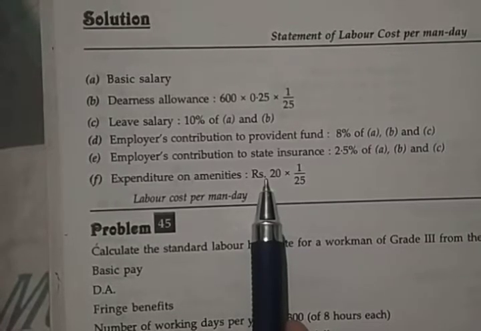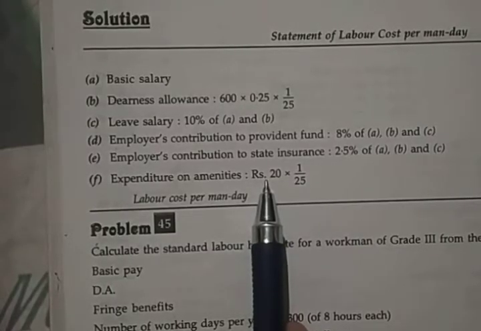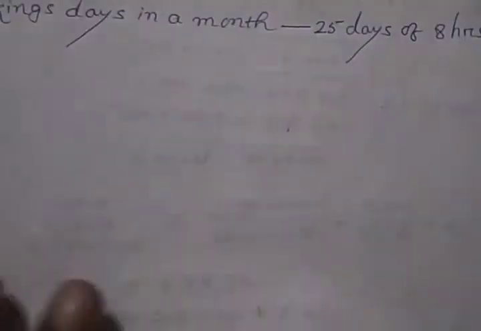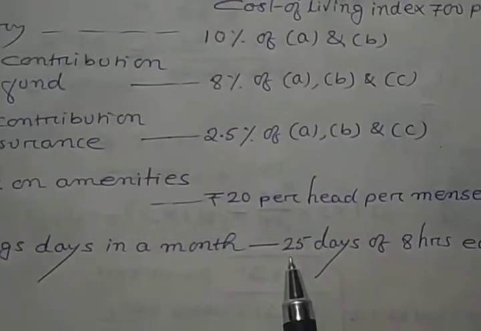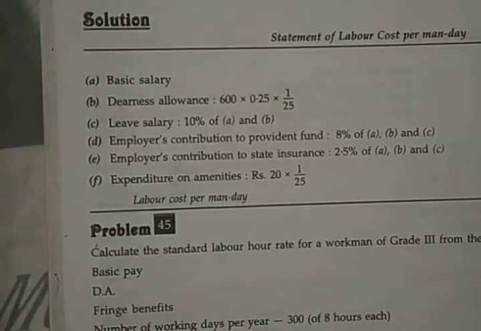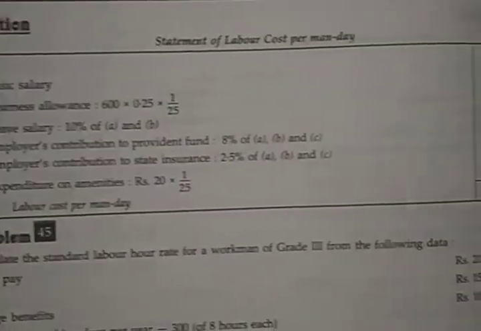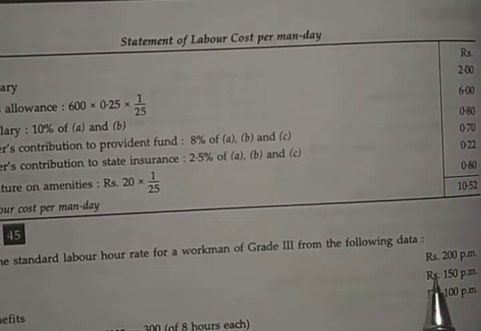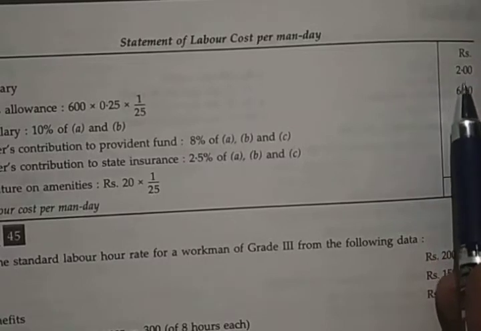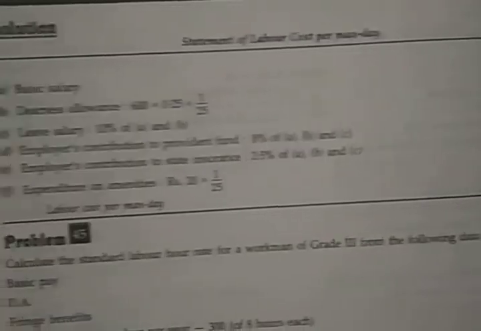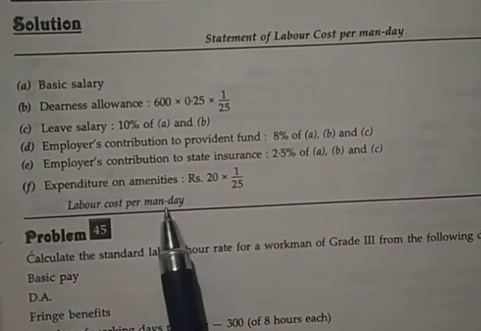Now you have to convert this month into days, so you divide by 25, because in the question the number of working days given is 25, right? Then expenditure on amenities, you will get the value 0.80. That's all. Now after that, add all this amount together and you will get the value 10.52. That is called labor cost per man day.